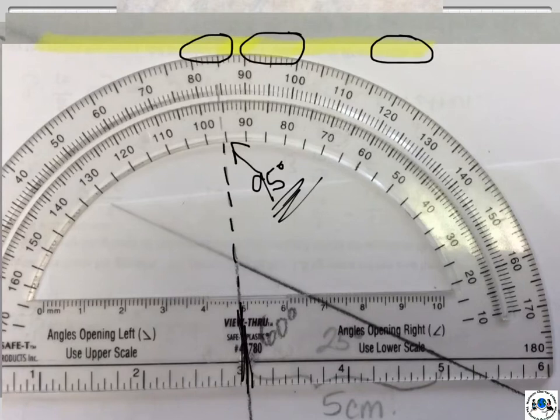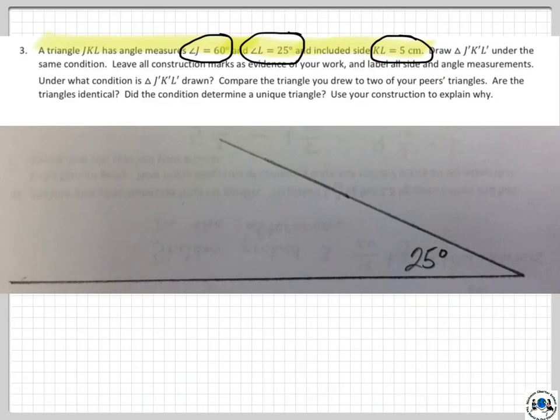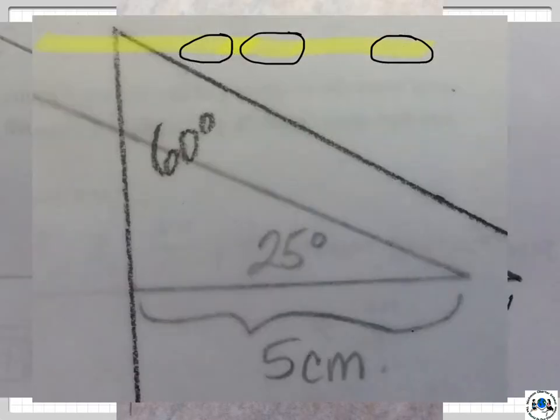Because you have more or less a kind of floating angle here. If we just go back and look at this picture right there, you can see that we have a side and one angle that's adjacent to the side, and there is one angle opposite to the side.